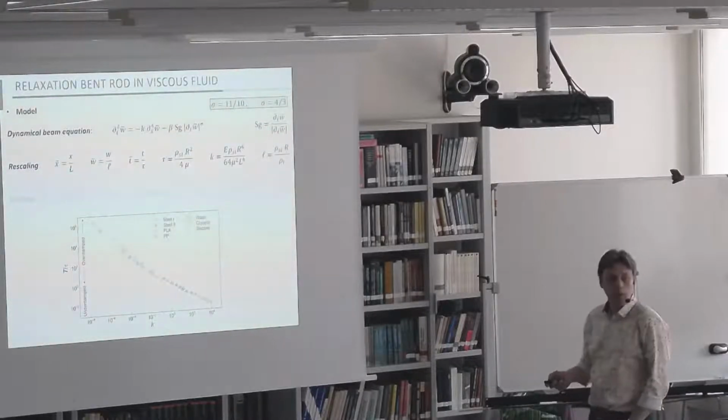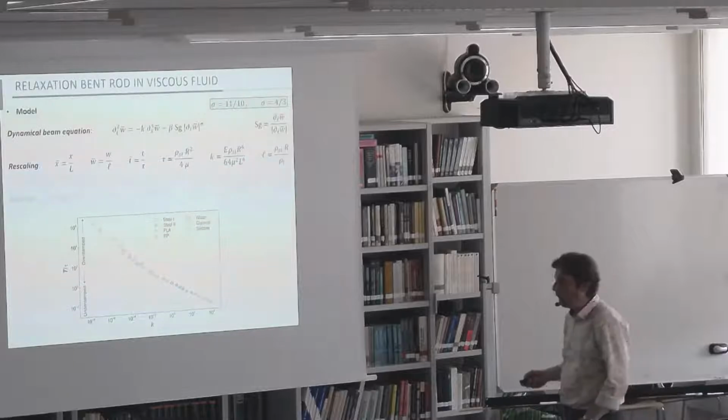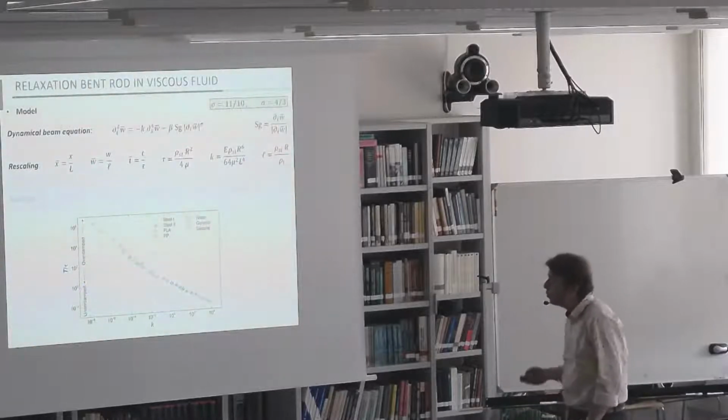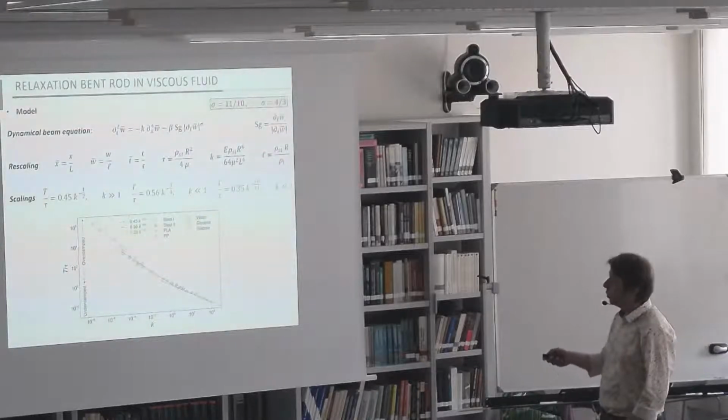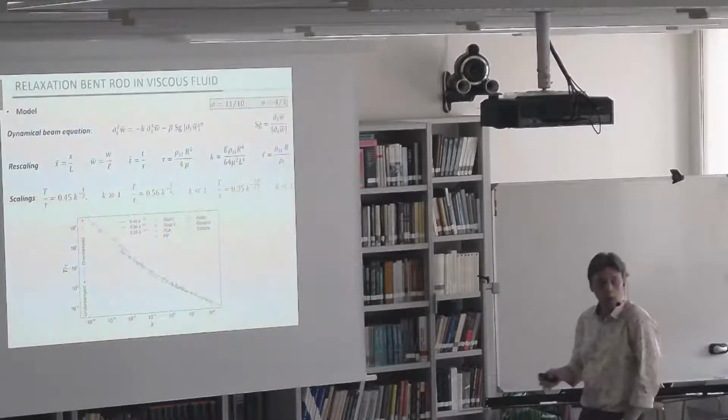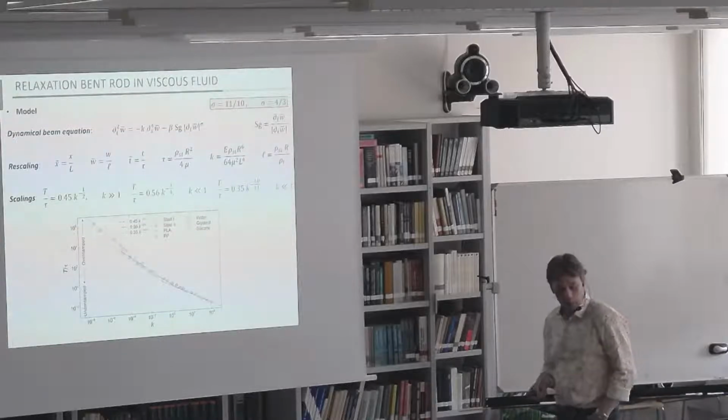And here is what we get. So we get a nice collapse, on top of which we can look at the scalings that we have computed here. Here for the underdamped, for the first overdamped regime, and for the second overdamped regime. So we get a rather good agreement.